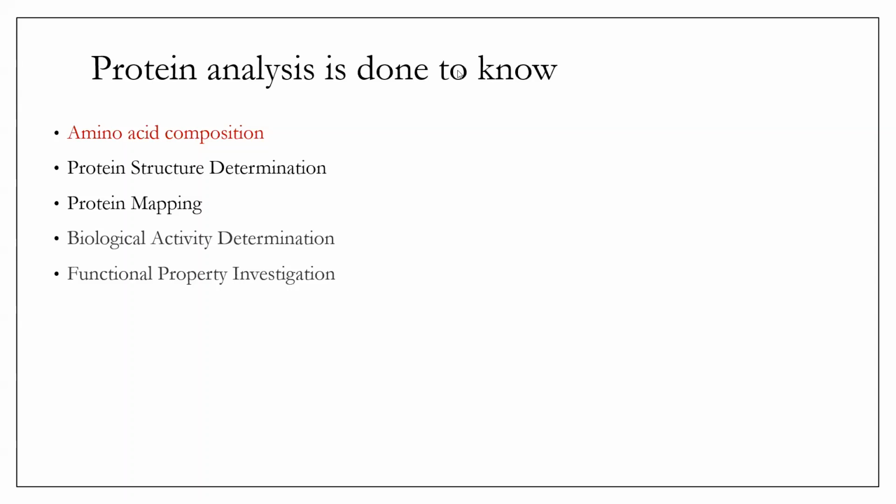Okay, so protein analysis is a basic step in the field of molecular biology, or we can say in the field of proteomics. Is it clear to you how amino acid composition is going to affect your biological activity and functional property?